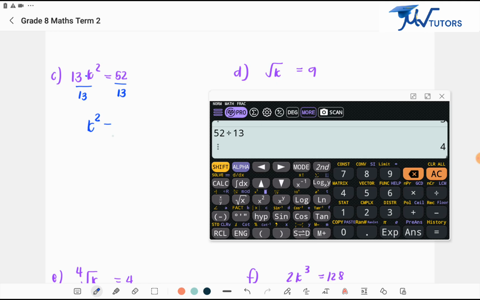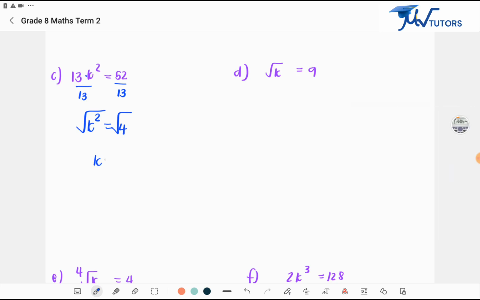Well, it's basically 4. Okay, and then we're going to square root both sides. So now I have the square root of k is basically going to be 2. And then I have root k equal to 9. How do I get rid of that root? I will square both sides. So now I know that k is basically 9 squared, which is 81.